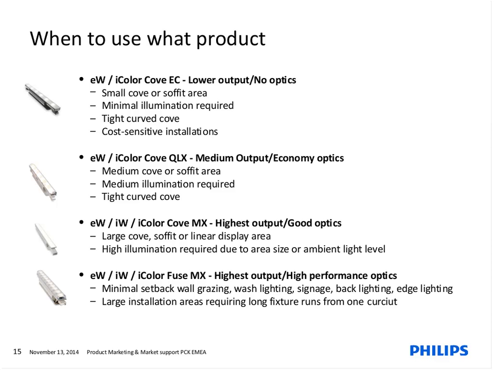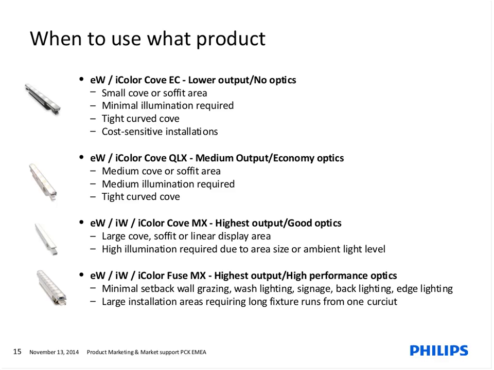And Cove QLX is also available in the essential white or RGB version. So it's more about the medium cove or soffit area, when medium illumination is required. Cove MX is available in essential white, intelligent white, and a color Cove MX version, but all of them are also available in essential colors.